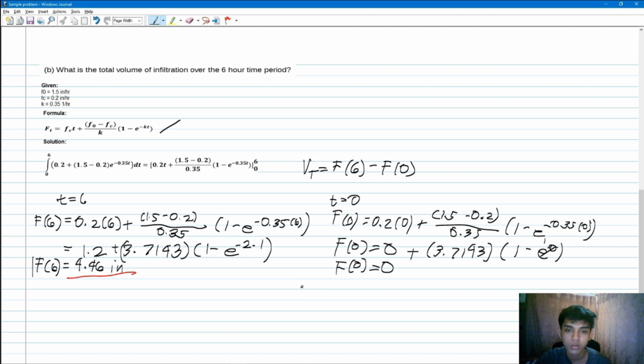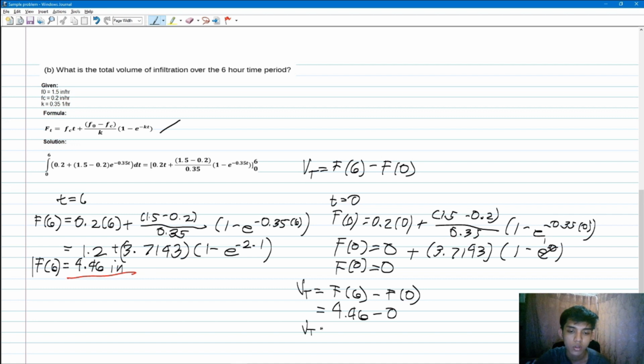So when we compute for the total volume of infiltration over the 6-hour time period, we have F of 6 minus F of 0, and we get the value of F of 6, which is 4.46 minus 0.